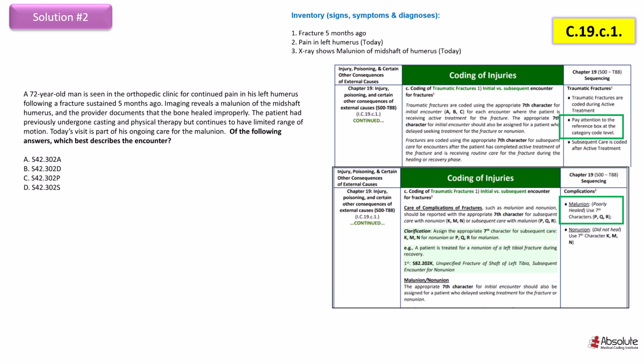So, the first guidance I want you to pay attention to in the third column is the reference box at the category code level, basically your seventh character extenders, and also malunions and non-unions. But this scenario is pertinent to malunions, and that means poorly healed, and your seventh character extenders will be a P, a Q, or an R. So with that said, coders, what's the correct answer? You can just look and see. It should be C. All right.